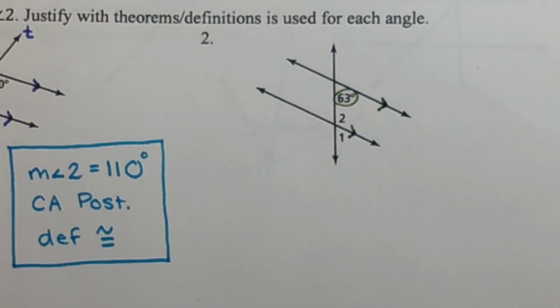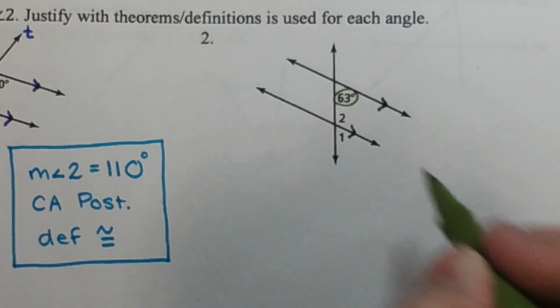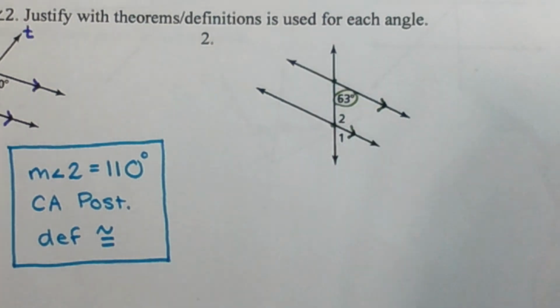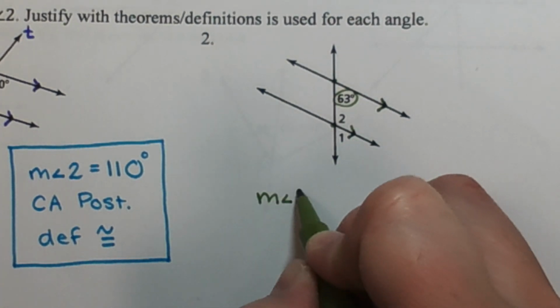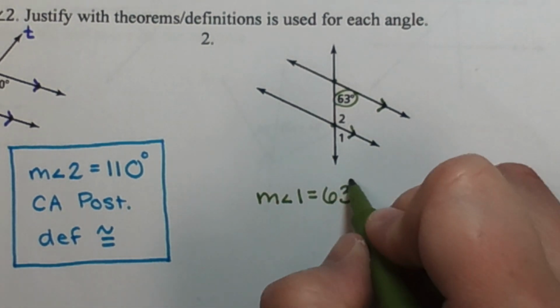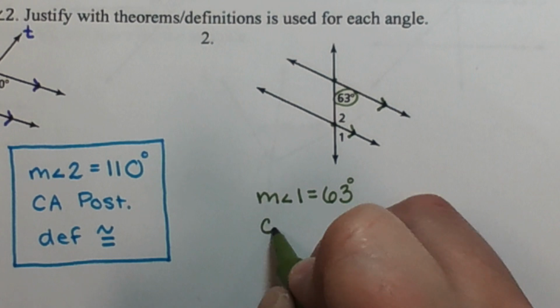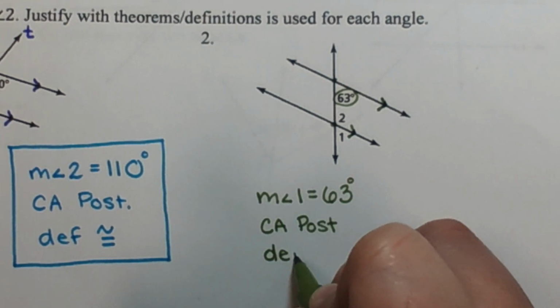I need that. But since it's on the same side, one interior, one exterior, not sharing a vertex, that's corresponding angles again. And corresponding angles are still congruent, and therefore it is 63 degrees. Using that corresponding angles postulate and the definition of congruent.